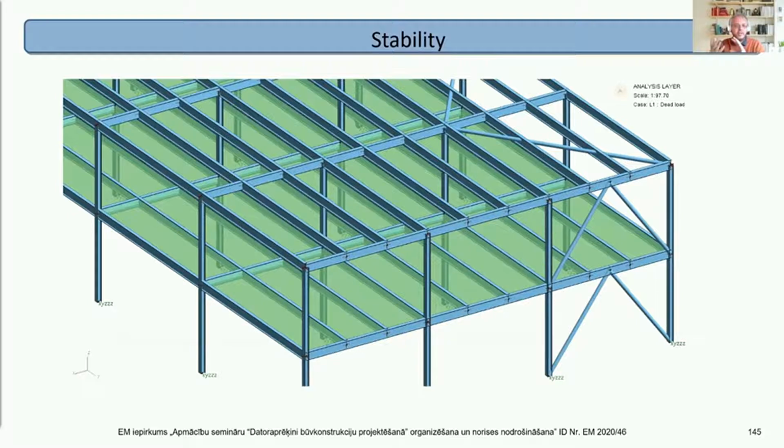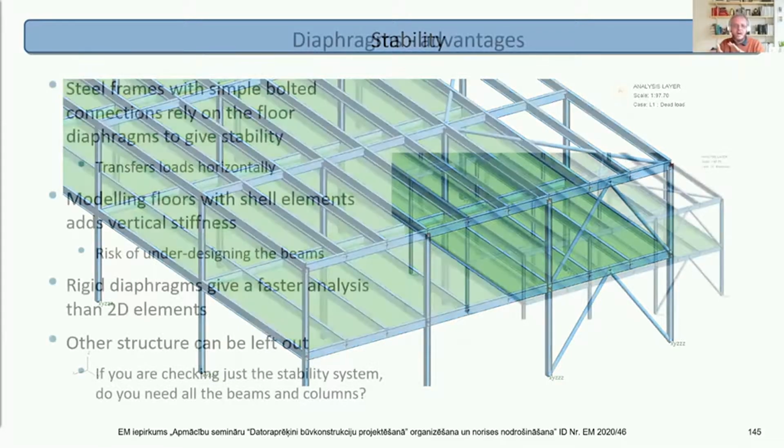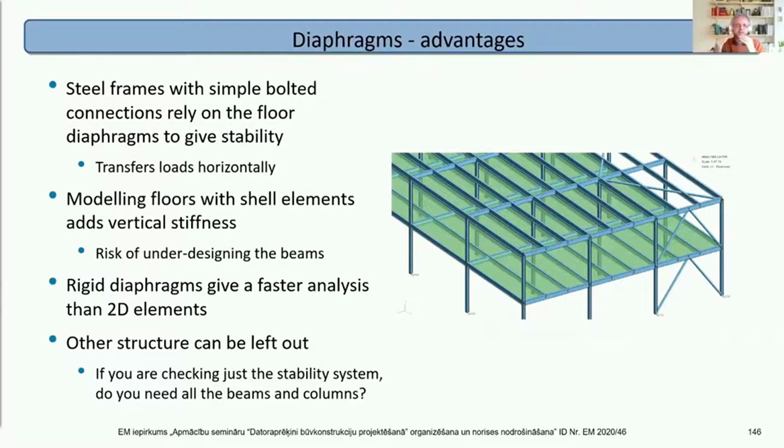Anyway, quite often we do not model the concrete slabs directly in a steel model, but instead you need to model a diaphragm, the green plane there, which transfers the stability forces to the stability sections. The wind loads go through the slab, through the rigid diaphragm, to the bracing.